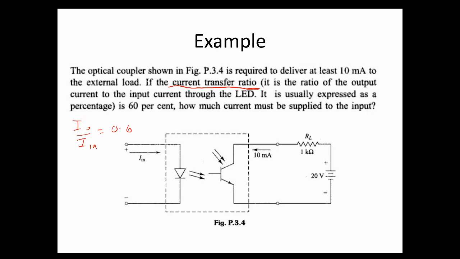Based on what you're seeing here, what would be the input current? Look at this circuit, we have our input current. You need to find out what this is. You have this kind of circuit connected at the output of your opto isolator, 20 volts through a 1 kilo ohm load here.